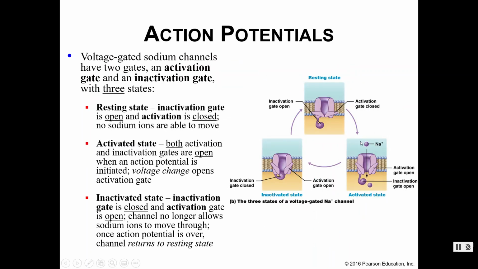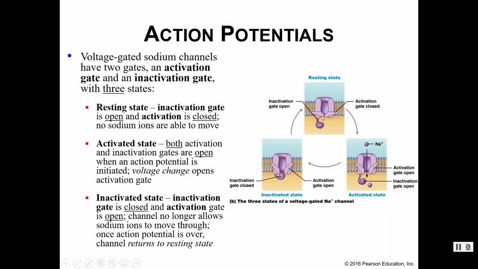Now, you'll notice in sodium, we have an extra step. Sodium has two different gates: an inactivation gate and an activation gate. I think these look like chicken wings and I think this looks like a bathtub plug. Use whatever examples make you happy.